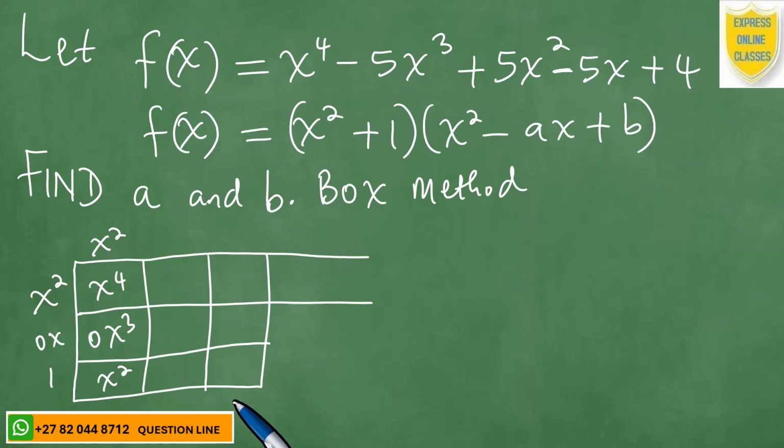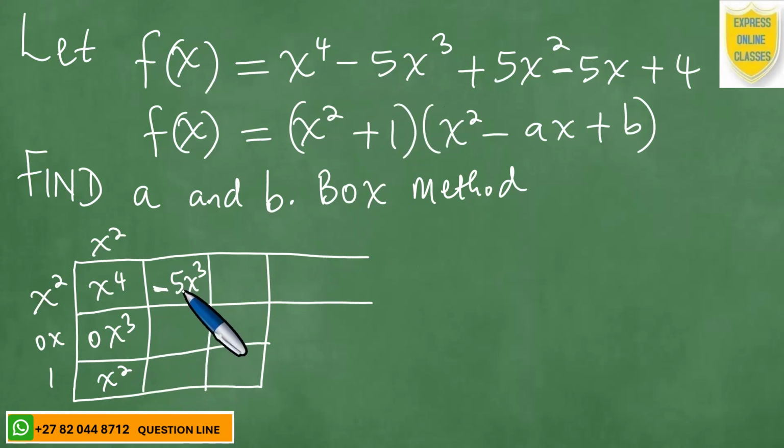We continue with our analysis of this particular box. Moreover, we look at the x cubed first. Here the 0x cubed must be compared with the minus 5x cubed. We need to put here minus 5x cubed, because the sum of 0x cubed and minus 5x cubed is going to give us minus 5x cubed.